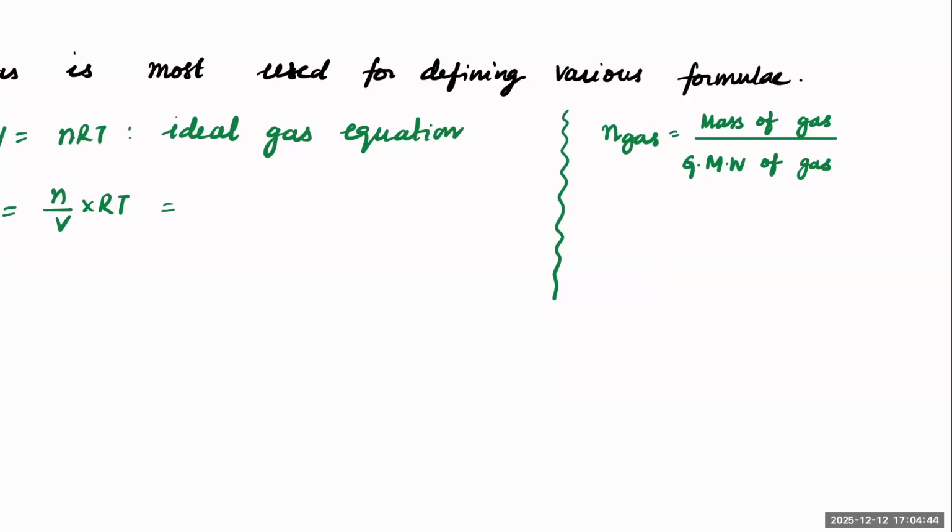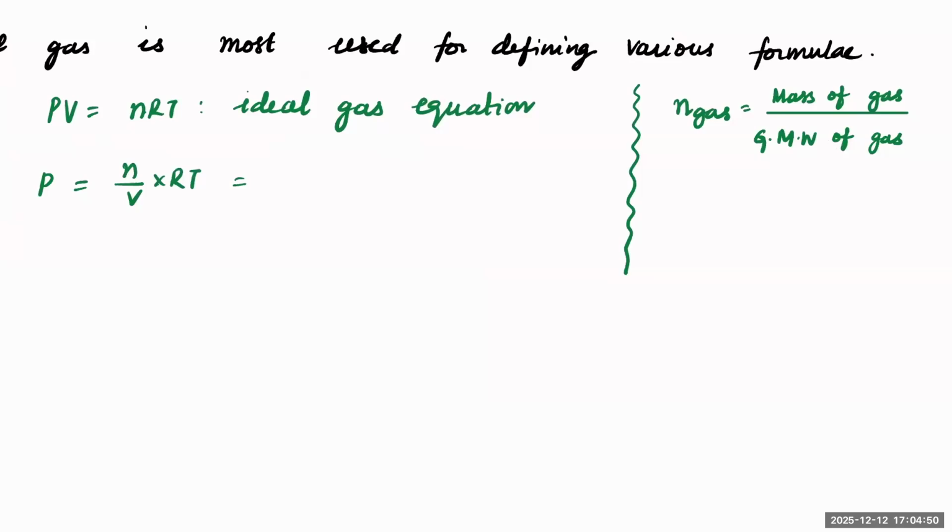So if I write number of moles as mass divided by molecular weight, into RT per volume. Now, weight by volume is what we define as density. So this will become density of a gas times RT divided by molecular weight.